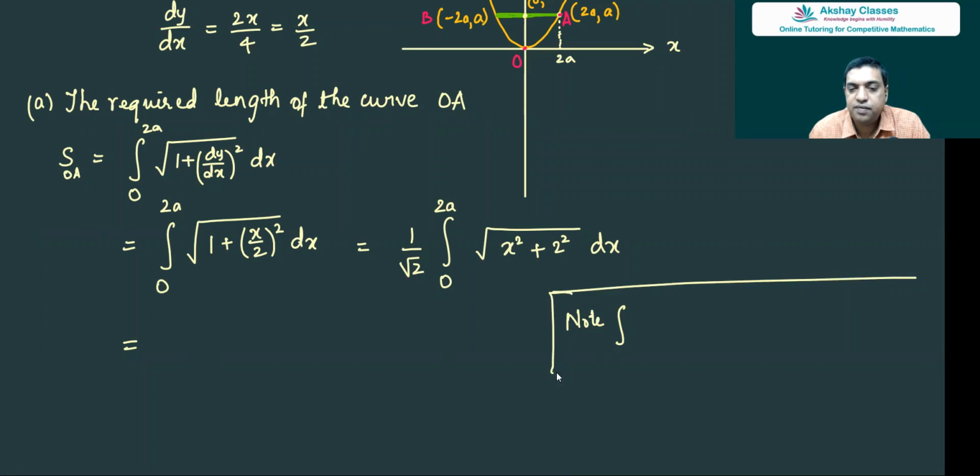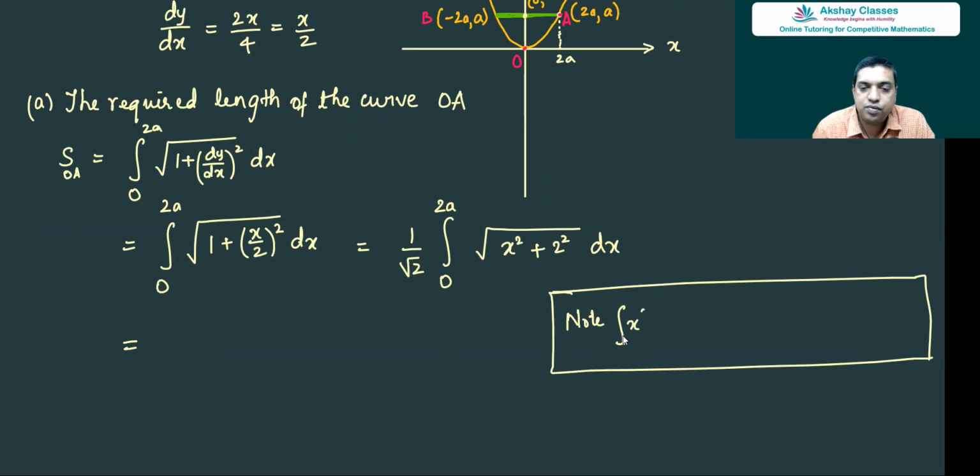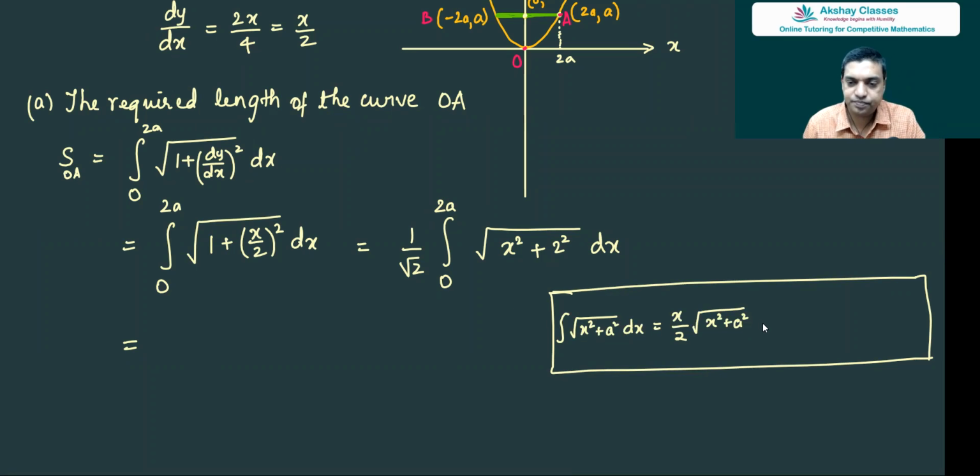The antiderivative for the integral of the square root of x square plus a square dx is x upon 2 times the square root of x square plus a square. This we can get by integration by parts.